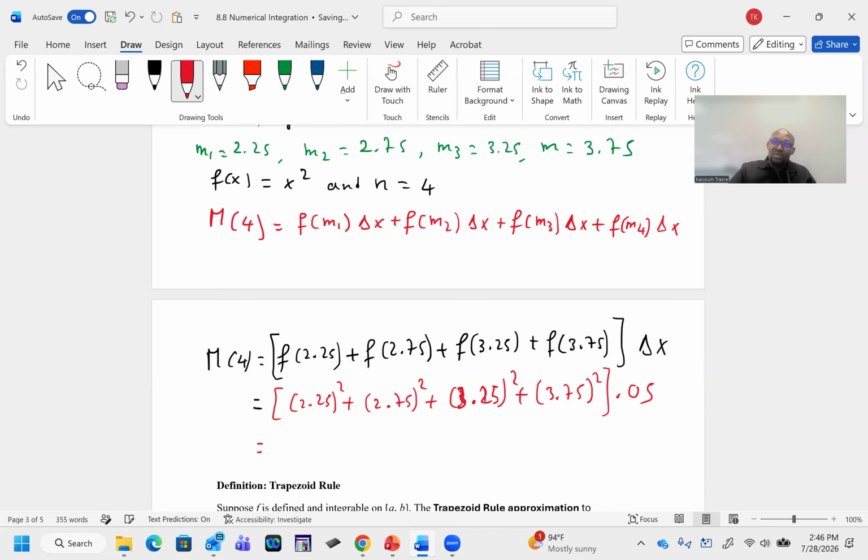Use your calculator and you will see it will give you 18.625.